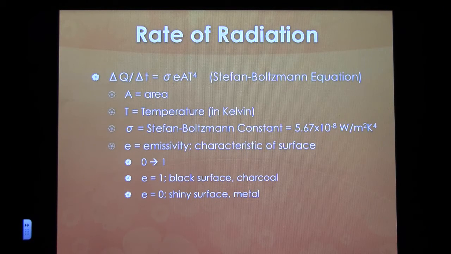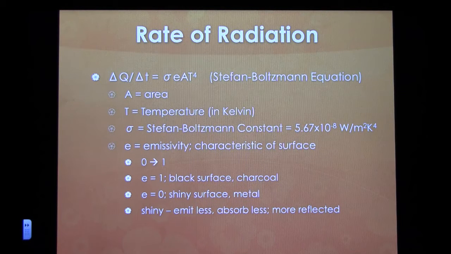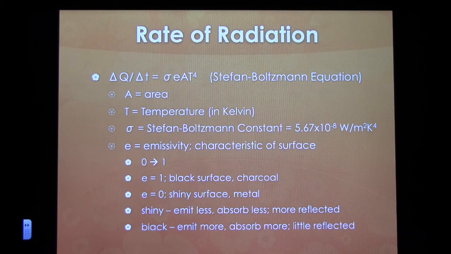Shiny surfaces emit less radiation, and we know they absorb less heat energy because more heat will be reflected off of a shiny surface. Black surfaces will emit more radiation and therefore can absorb more radiation, meaning that very little heat or energy is reflected.